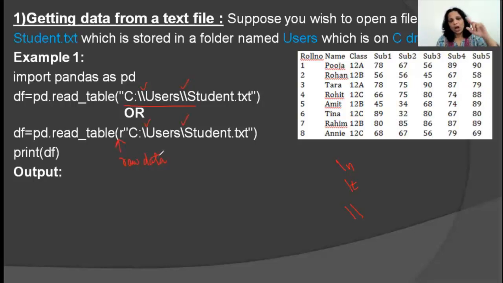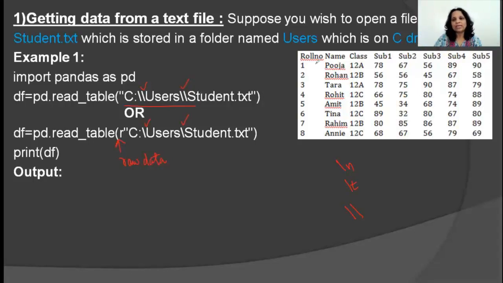Is that clear? So either the first way you put 2 slashes or you write R, and R stands for raw data, informing Python that the string is just purely raw data. Do not consider it to be using any of those escape sequences or any special characters that we are allowed to use in Python.